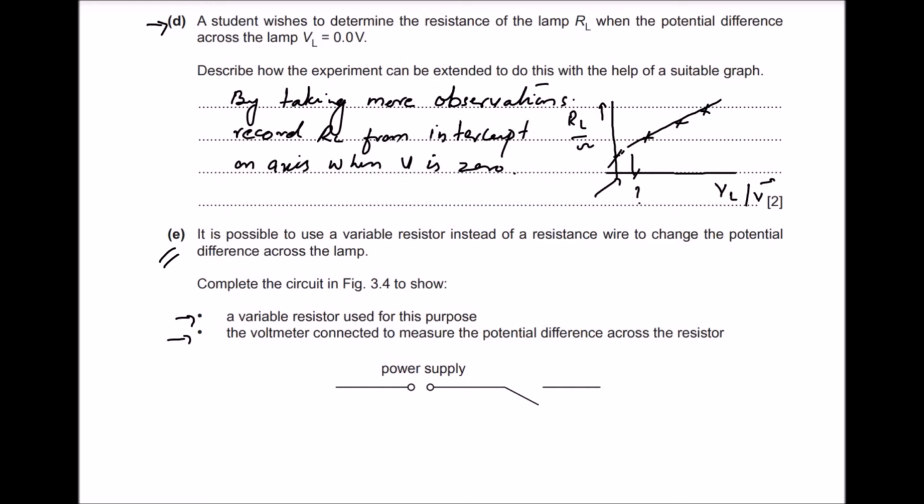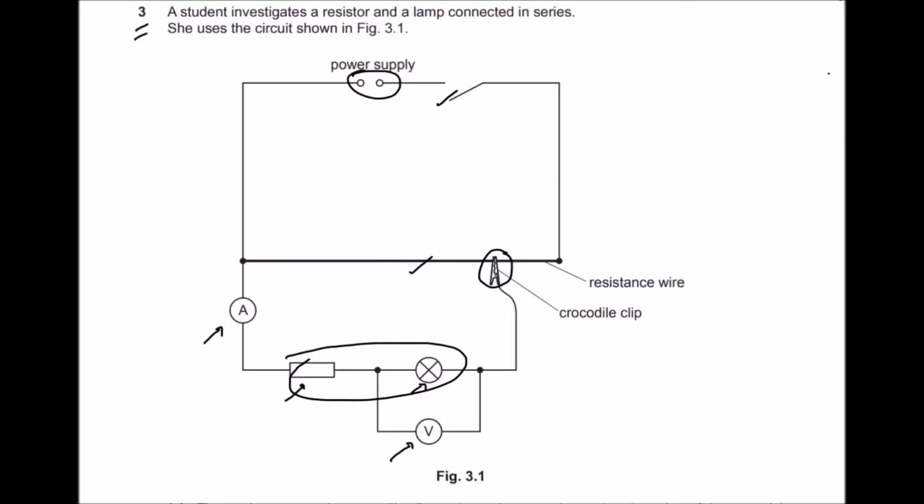First, we need to check what was the first diagram or electric circuit. It was the first circuit, and in this circuit she used a resistance Y to change the resistance.